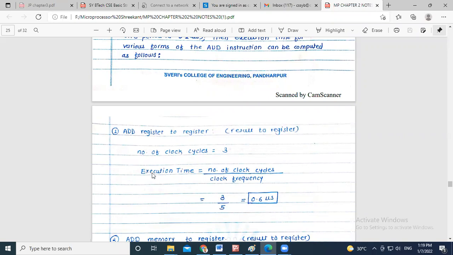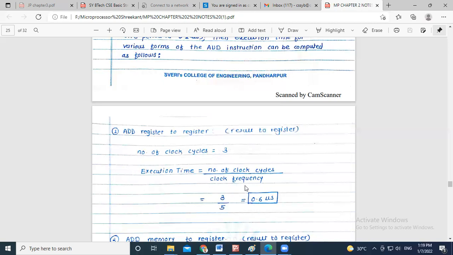How are we going to find the execution time? How do we define the execution time? Whatever I mention here on the page: execution time is equal to the number of clock cycles divided by the clock frequency.